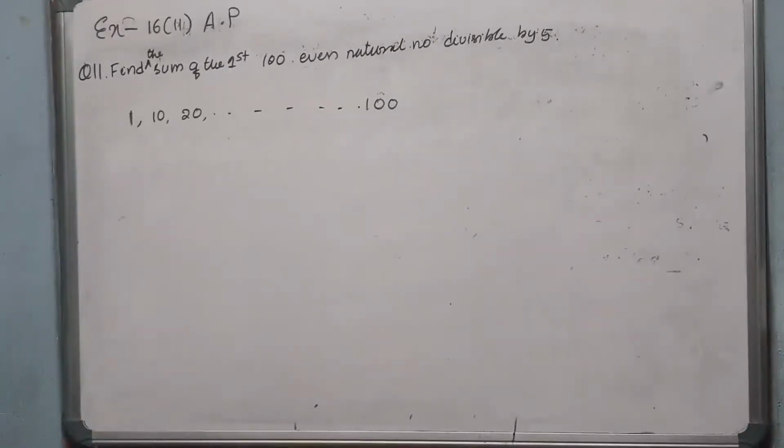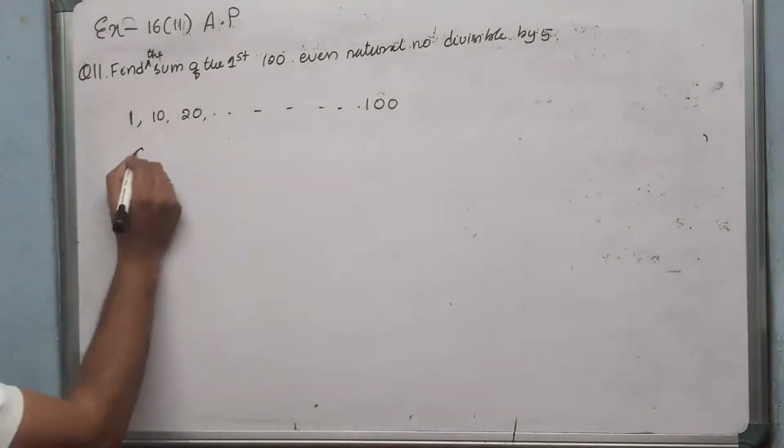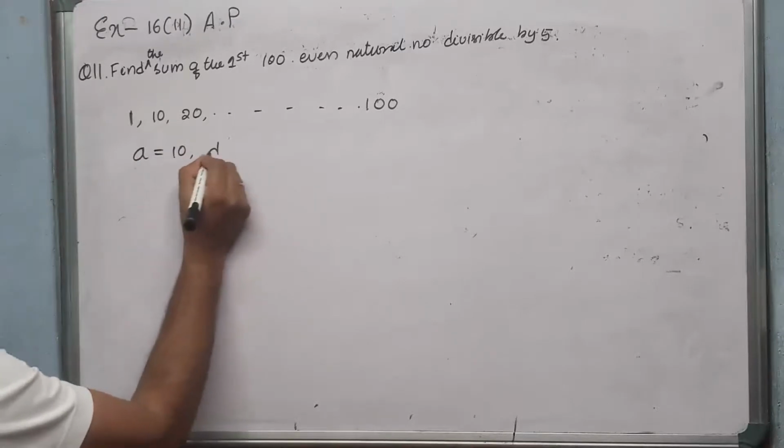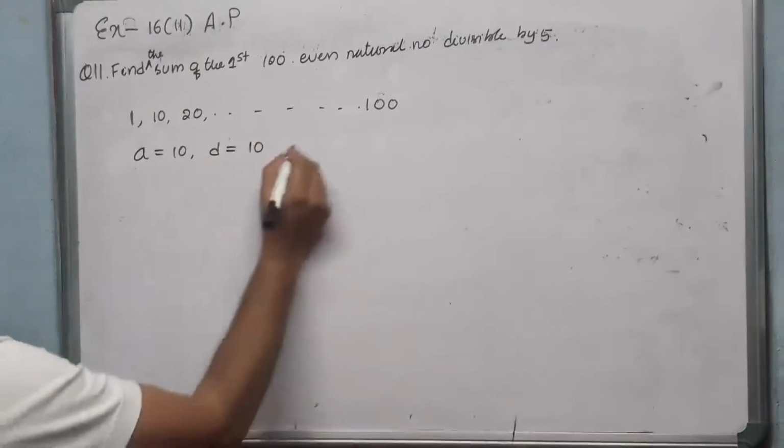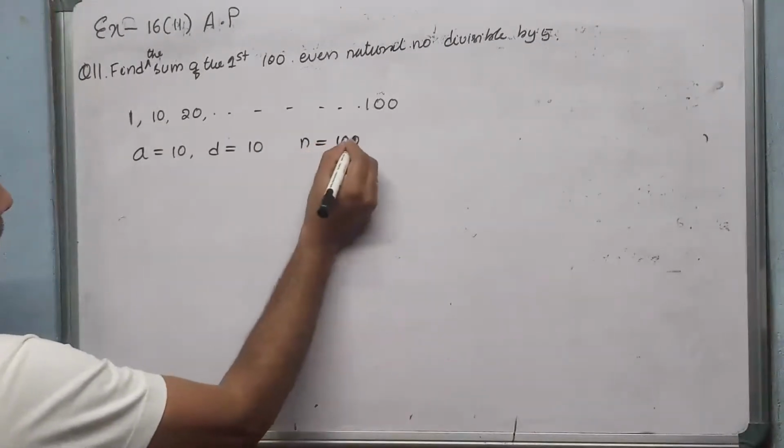Find the sum of the first 100 even natural numbers divisible by 5. The first number is 10, which is even and it is divisible by 5. Now say, the number of terms is 100 over here. So, a is 10, d is also 10, n is equal to 100.